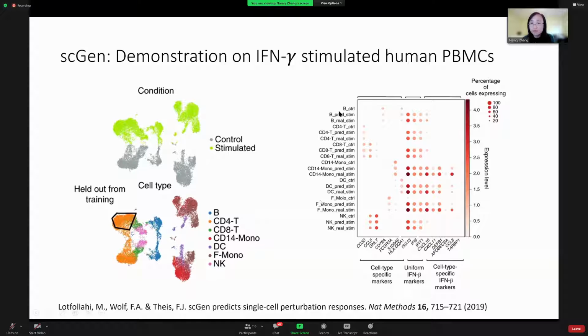Here it's divided into B cells, T cells, different kinds of T cells, monocytes, NK cells, and each column is a gene, okay? There are these uniform interferon gamma markers, and then there are these cell type specific interferon gamma markers.